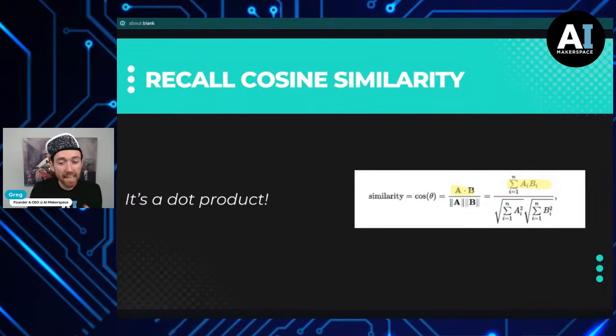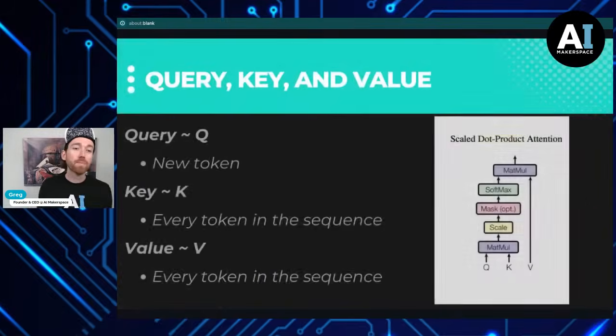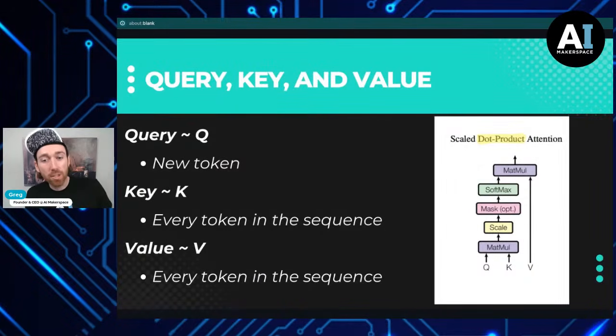Cosine similarity is a dot product. Why does that matter? Well, because attention is also a dot product.